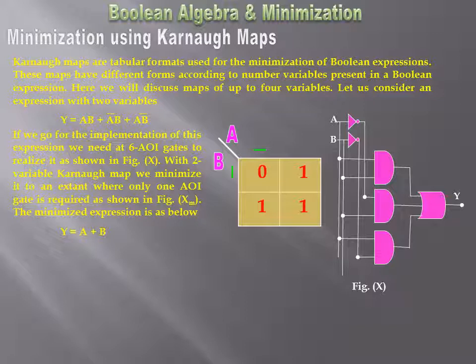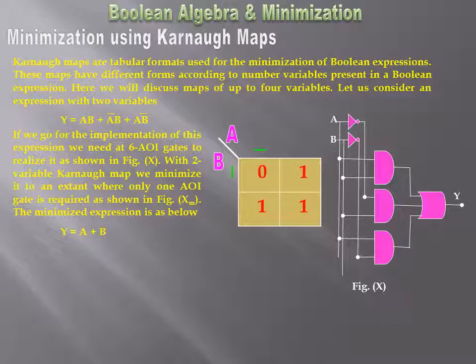AB has the corner bottom cell in the right, so it is 1. Again A naught B has the bottom cell in the left, and AB naught has the cell in the first row on the right hand side.